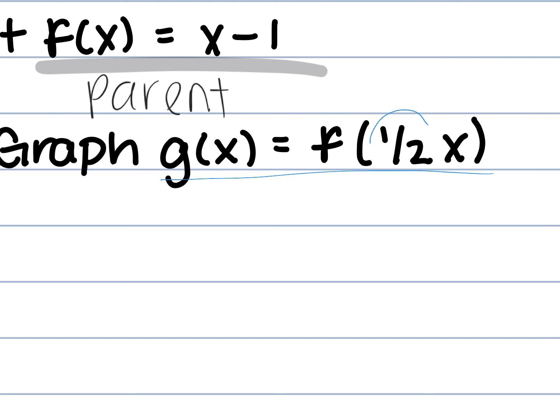When you write a number next to a variable, you agree that's multiplication? So when we're multiplying by a number, we're either dealing with a stretch or a shrink. Do you guys agree? Now, if this was plus 1/2, that would be a translation, okay? But we know we're dealing with a stretch or a shrink. Now, when it's inside of our parentheses, is that a horizontal or a vertical transformation? Horizontal, okay? So we're going to write horizontal.